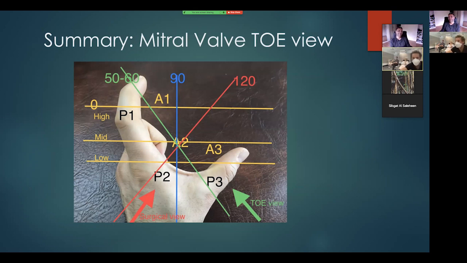Yeah, I love this one, but I don't know that the audience is feeling exactly the same way as I do. If you're holding your left hand, you've got to imagine you're looking down on it. As you said, it's the surgical view. The anterior leaflet is the bit above your thumb, and the posterior leaflets are the ones below it.